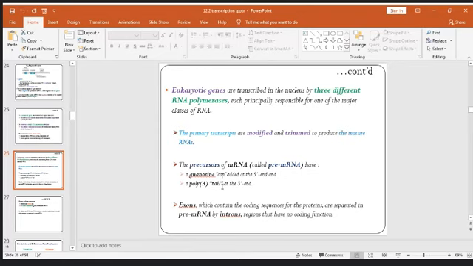Besides the poly-A tailing and 7-methyl guanosine capping, the RNA made contains exons as well as introns. Exons contain the coding sequence for the proteins and are separated in the pre-messenger RNA by introns. And those introns are regions that have no coding function. So to make it fully functional, the introns must be cut out and the exons joined together.